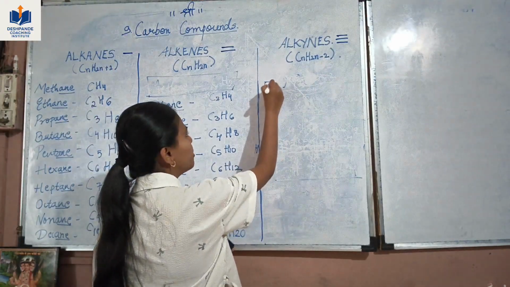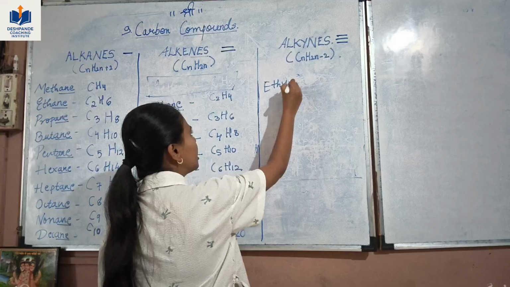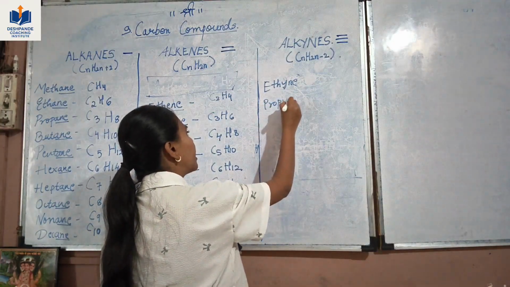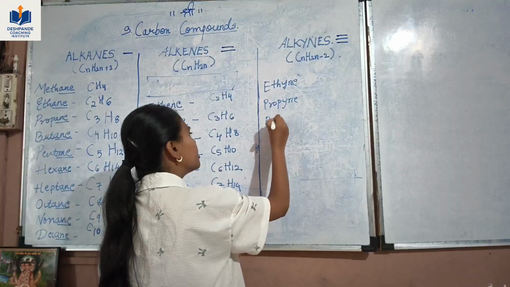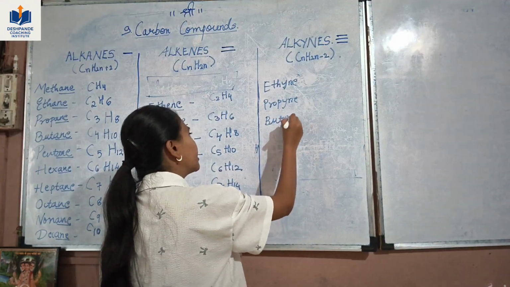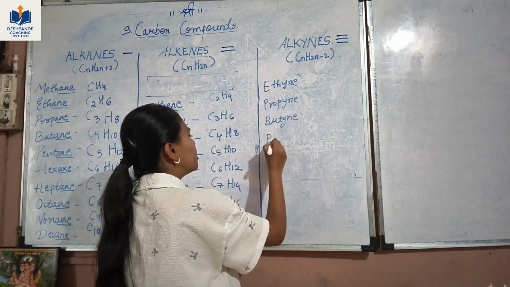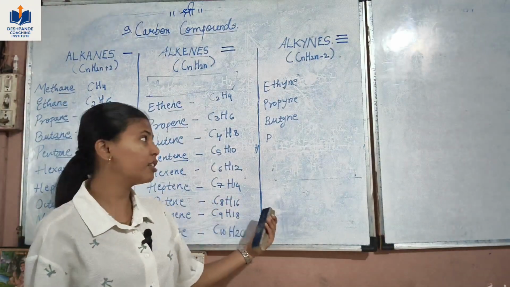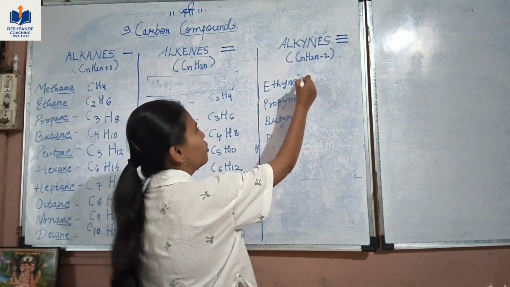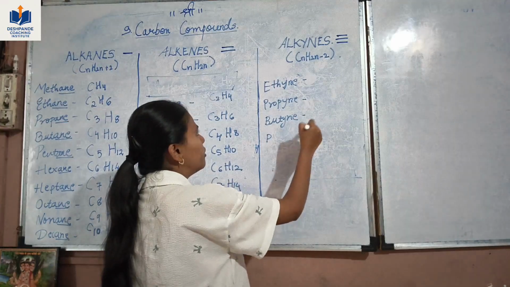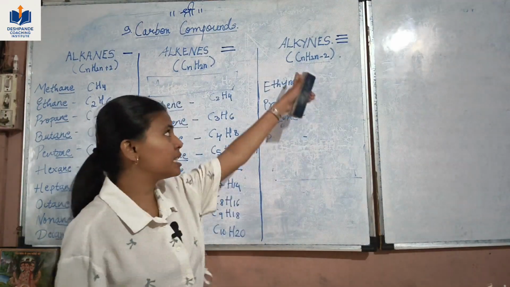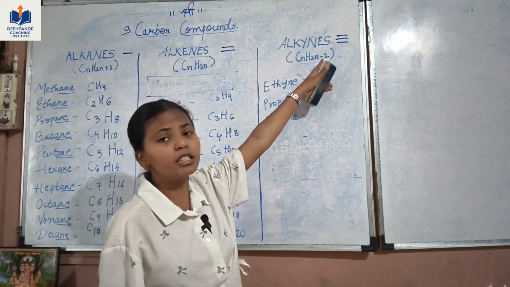So the first member is ethyne, the third member is propyne, the fourth member is butyne, and the fifth member, sixth member, the rest of the members up to decyne you can try. So we'll write their chemical formulas by using this general formula, CnH2n minus 2.